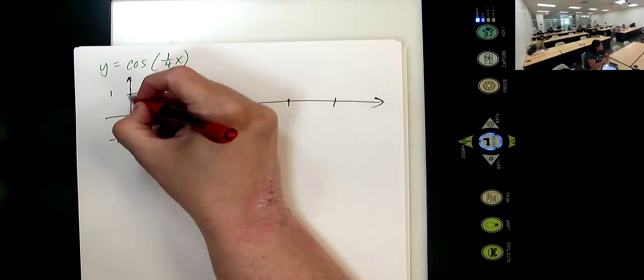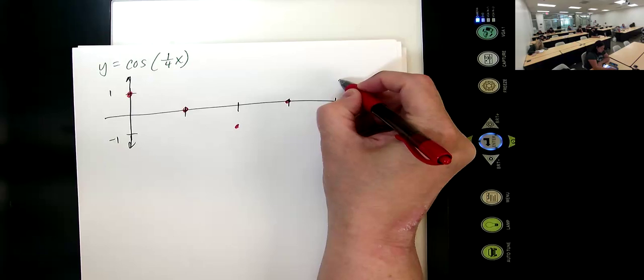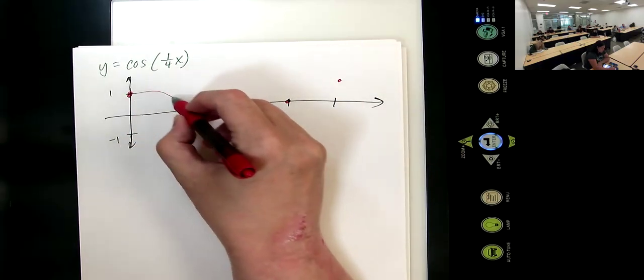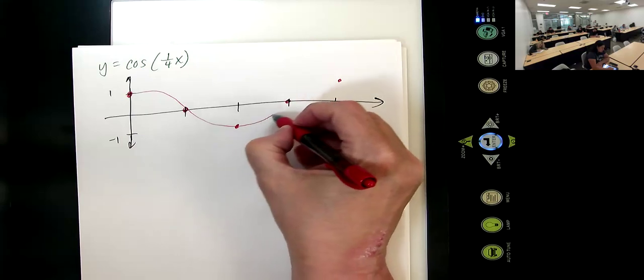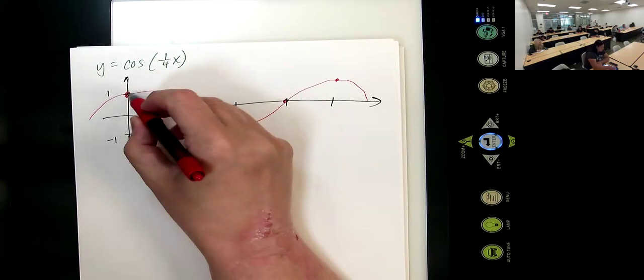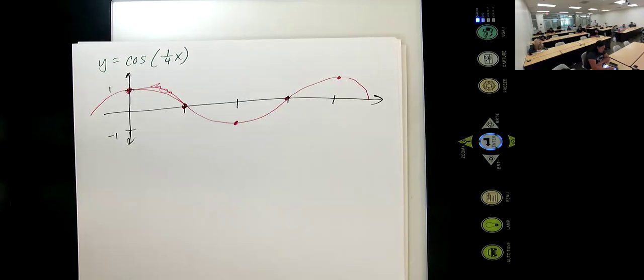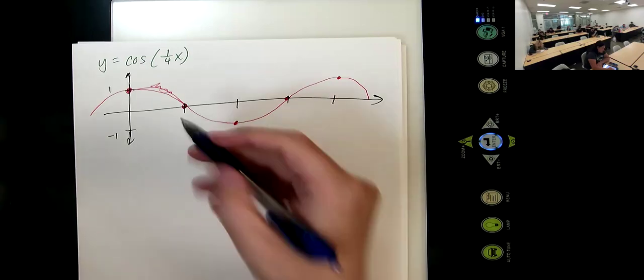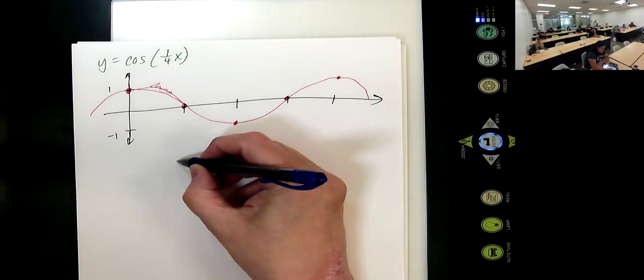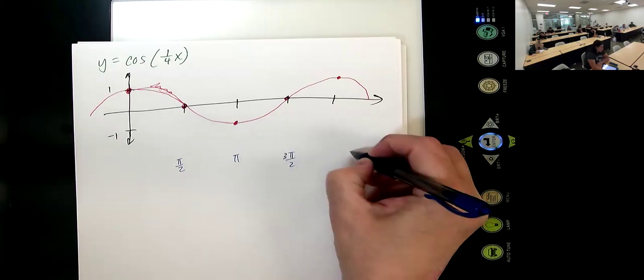And we know cosine does this. The wave isn't changing. I know these values for the traditional graph are pi over 2, pi, 3 pi over 2, and 2 pi.